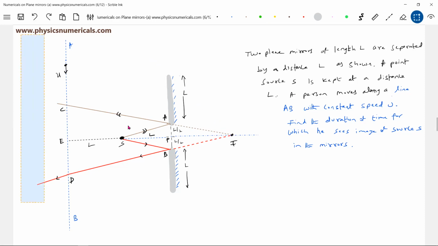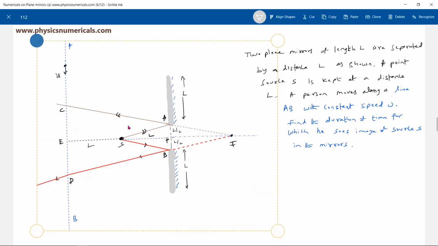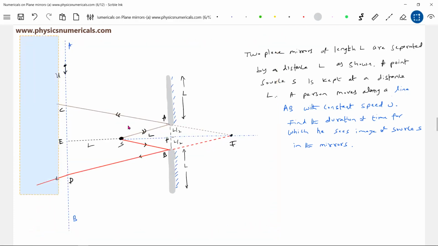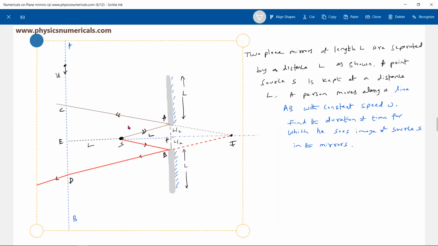I have to shift the complete diagram. Okay, let me try.